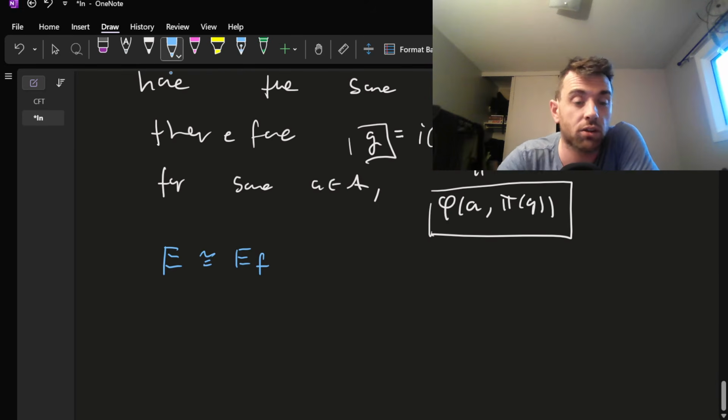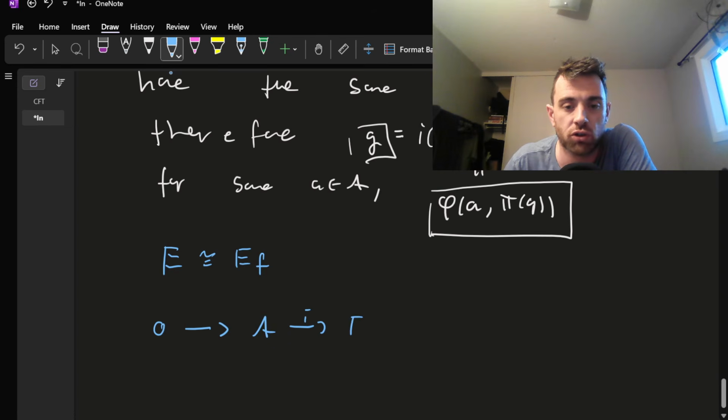In fact, we can recover the entire exact sequence. So what I mean by that is we have this short exact sequence here.